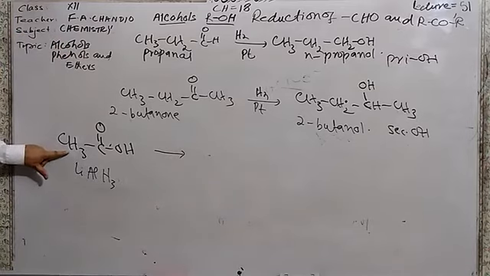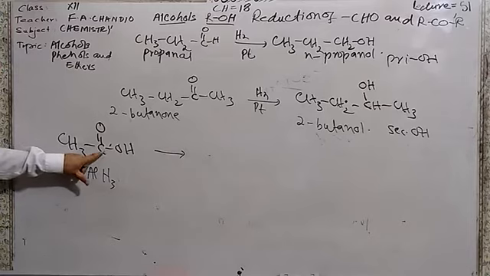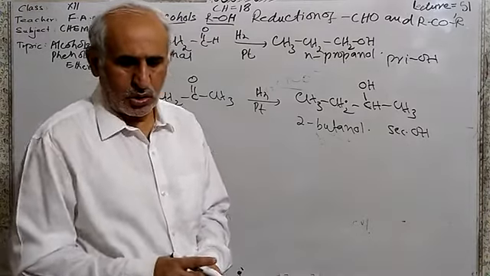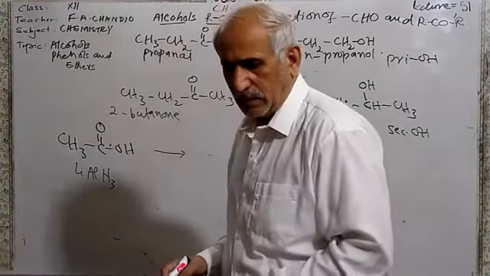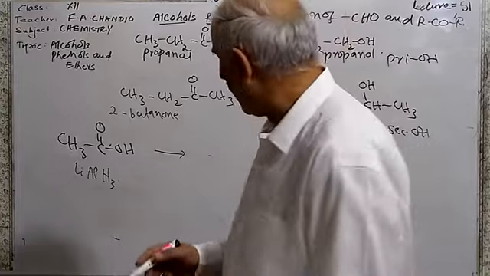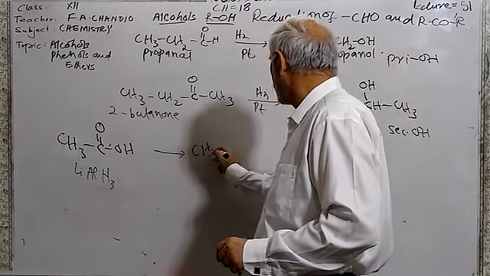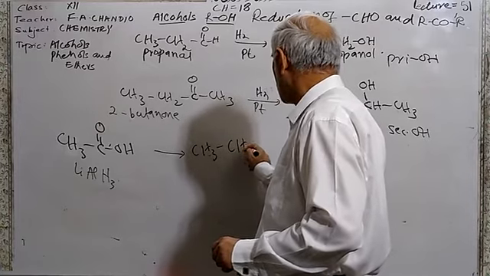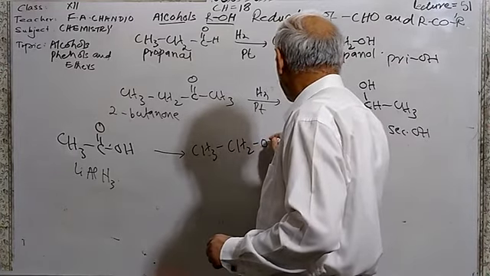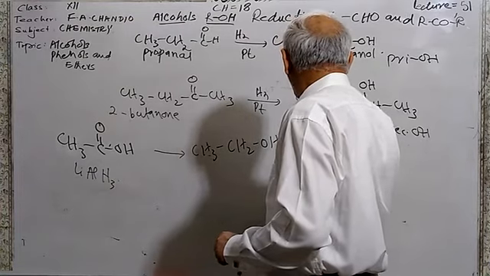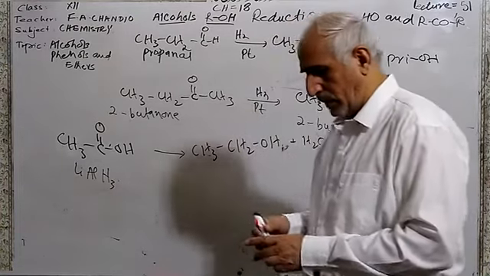This is a CH3 and this is C. It becomes a CH2 and there is an OH, and you will also get the alcohol functional group here. So this is CH3, CH2 and OH, plus maybe water is going to be formed like this.